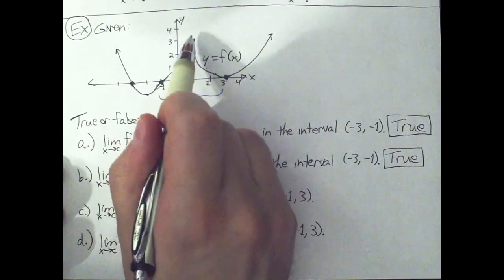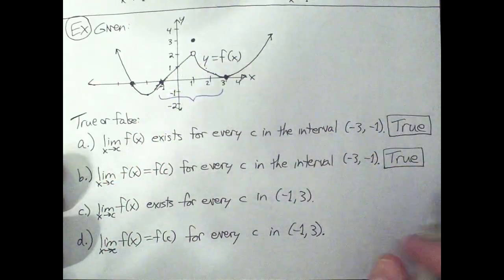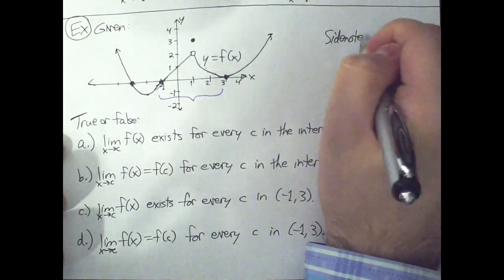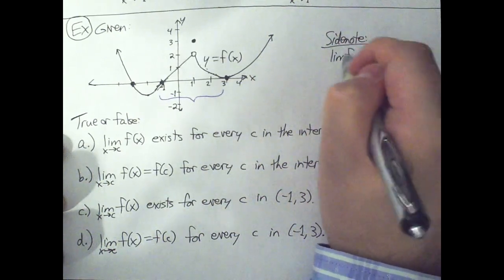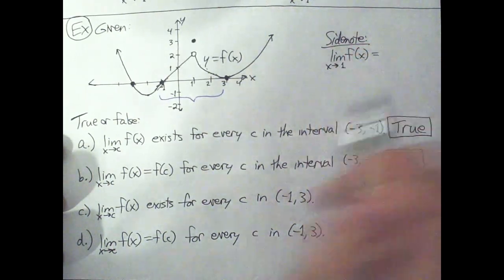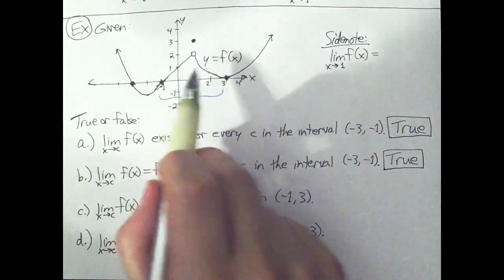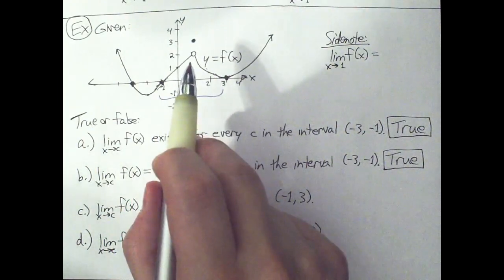Let's go back to this weird thing. Does the limit exist? Side note, the limit of this function as x approaches 1, does that exist? And if it exists, what is it? This could be just a little limit problem I give you sometime. We've seen problems like this.